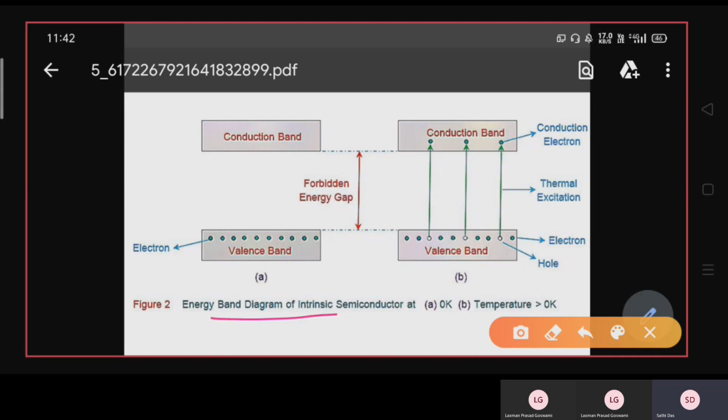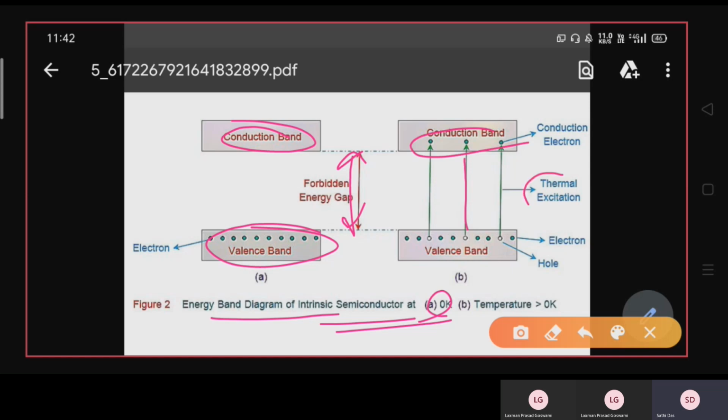The energy band diagram at 0 Kelvin of that semiconductor is this one. All the carriers, that is electrons, will be in the valence band and there will be no carrier available in the conduction band at 0 Kelvin. And when temperature is increased, the electrons can jump to the conduction band due to thermal excitation.